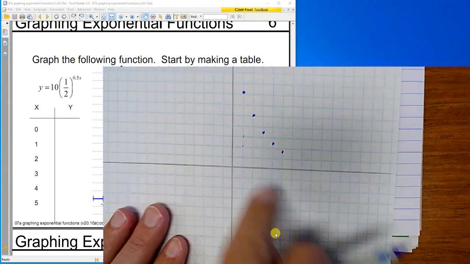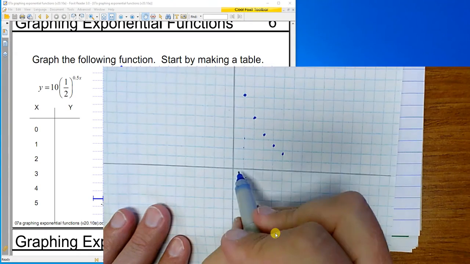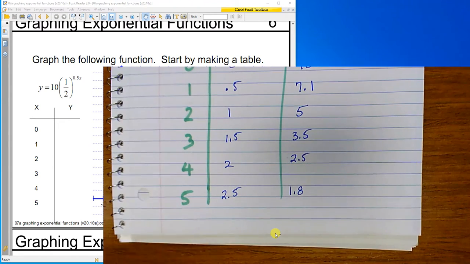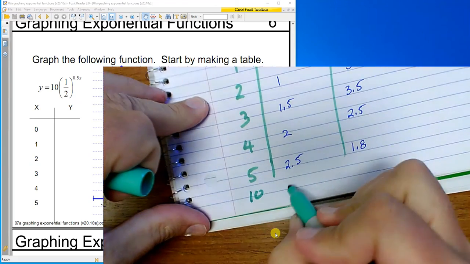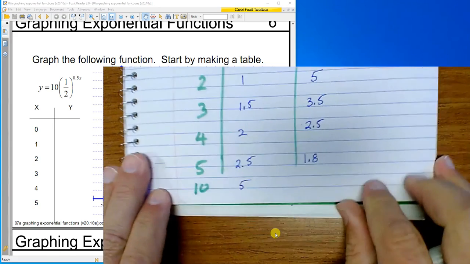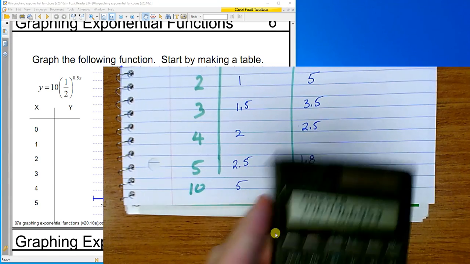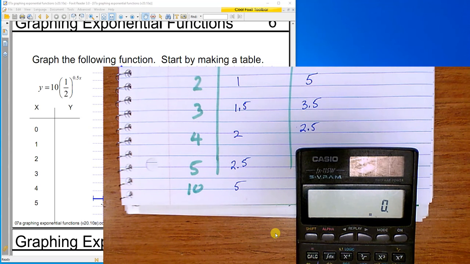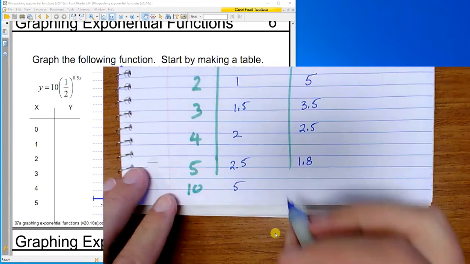And you know what? Just so we can figure out what's going on, let's plug in a 10 and see what's happening out here. So we're plugging in a 10. That means the exponent is going to be half of 10, which is 5. So we're going to take our calculator and do 0.5 raised to the 5th power times 10, 0.3.